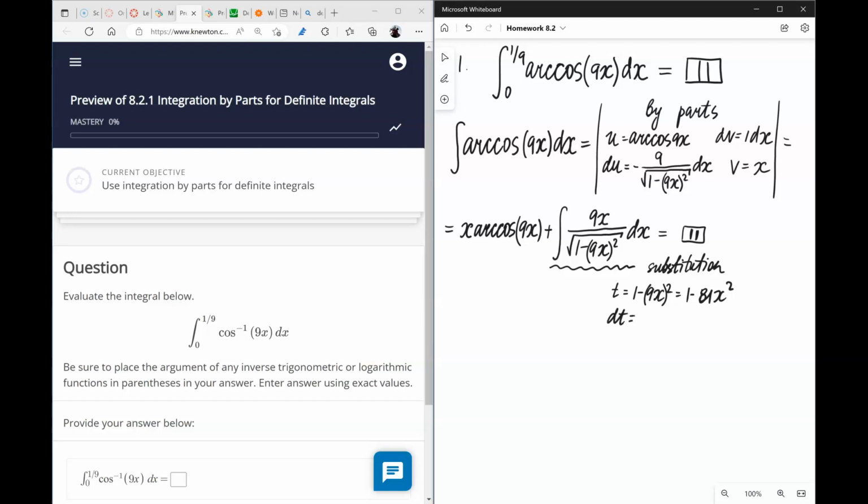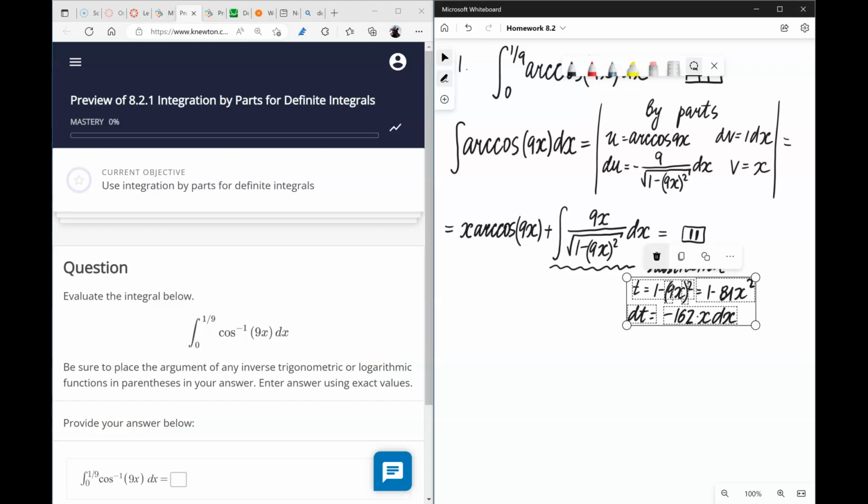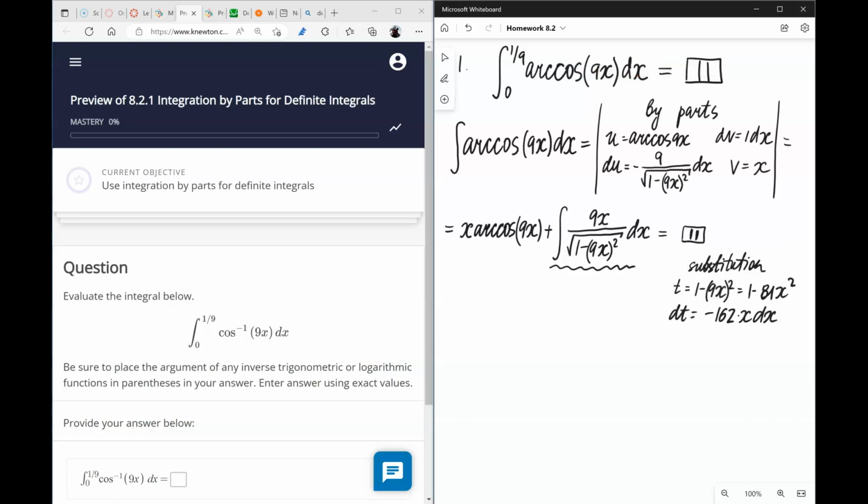So dt is negative 162x dx. Let me get that substitution notes out of the way.